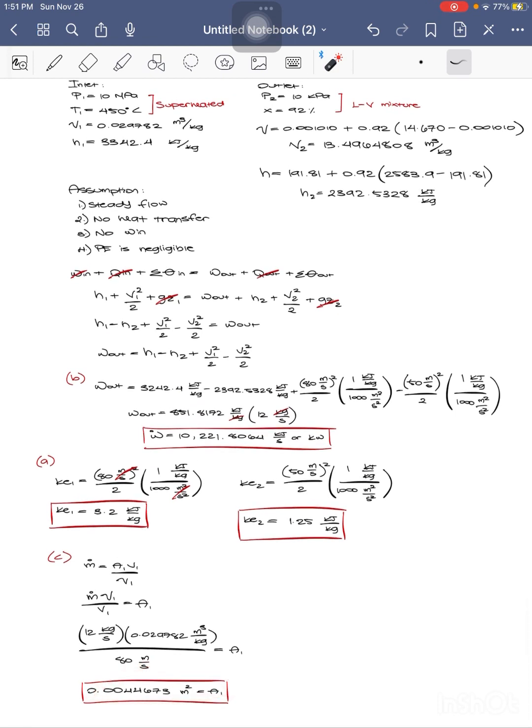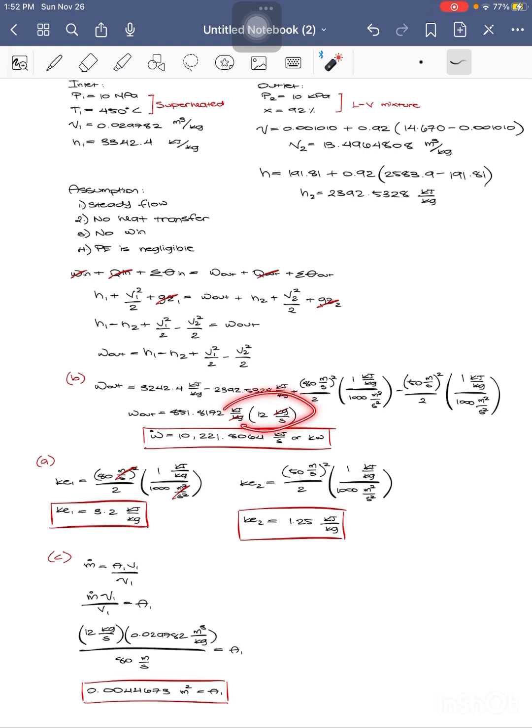But instead of computing for the kinetic energy, I computed the work flow rate already. So this is the equation, and I input the values, which leaves us with work out of 851.8172 kilojoules per kilogram.